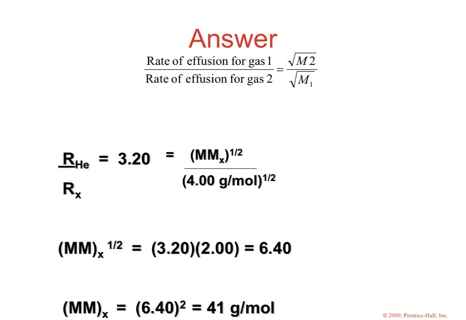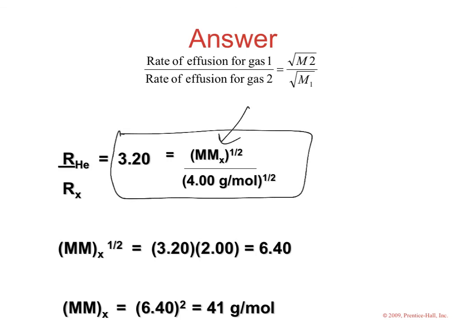Once we simplify to solve for the molar mass of the unknown gas, we already have the ratio here, raised to the 1/2 power. Hopefully you remember from that math, that's equivalent to square root. Just another way you can do it on your calculator if you want.